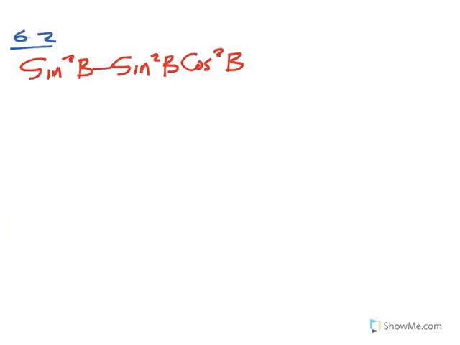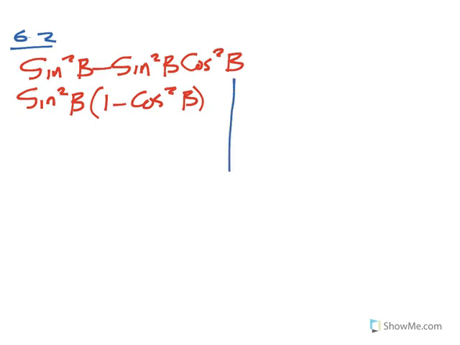Now if you simplify, you can see that sine squared is common, so you will factorize your sine squared b. What you're going to have is 1 minus cos squared b. When you have done that, you have to remember that cos squared theta plus sine squared theta is equal to 1.